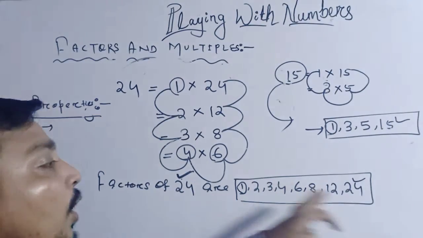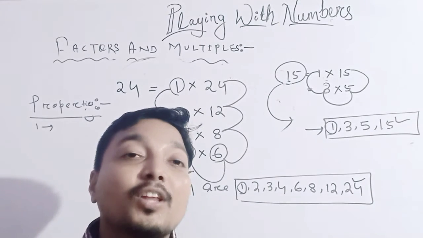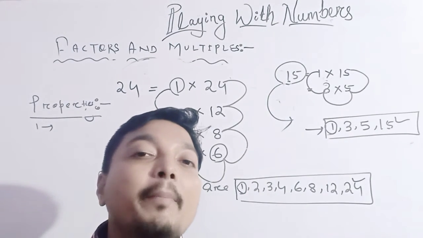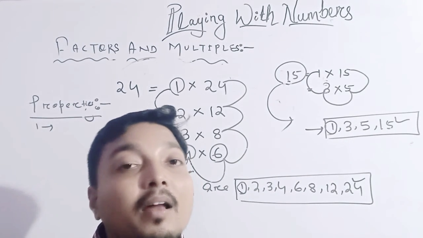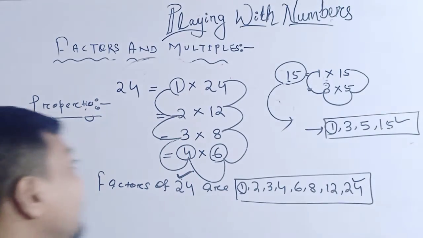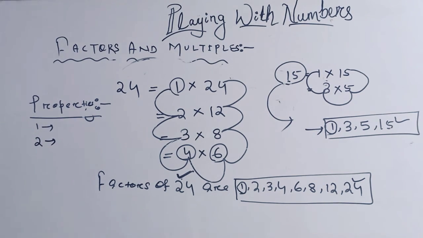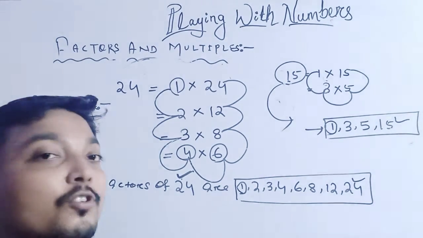So for any number, the number itself is a factor. Factor of 15, also 15; factor of 24, also 24. So you have to write: every number is a factor of itself. Understood? It is another property. I have taught you 2 points so far.